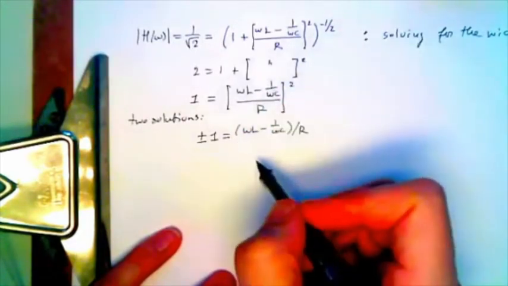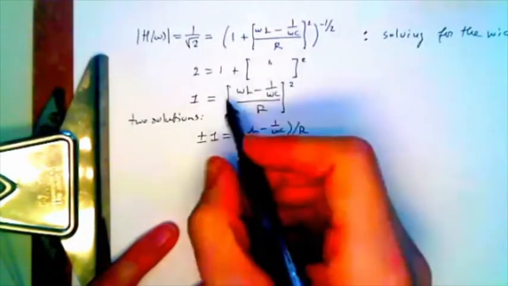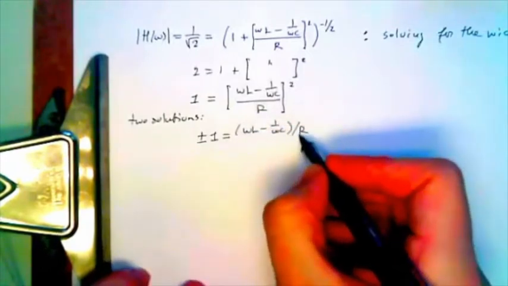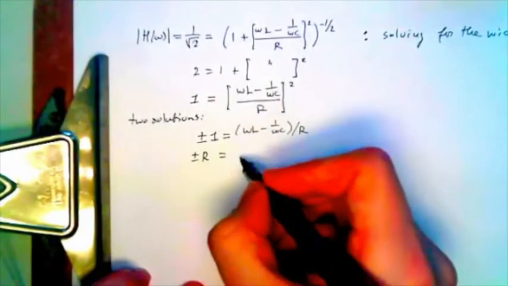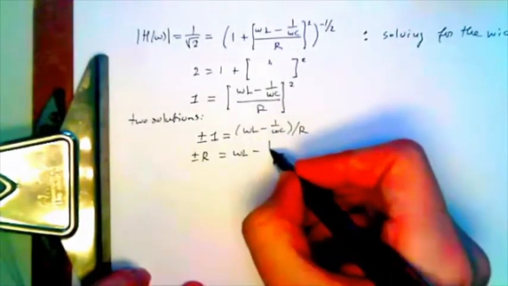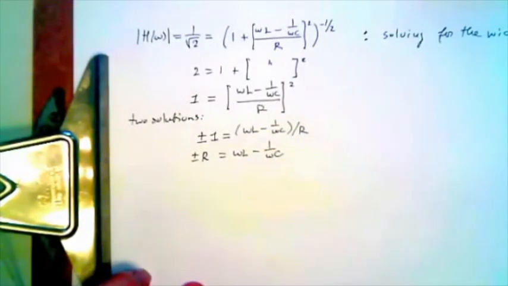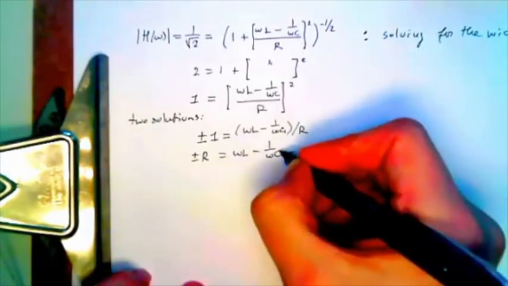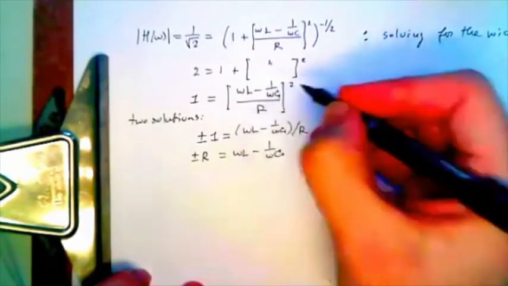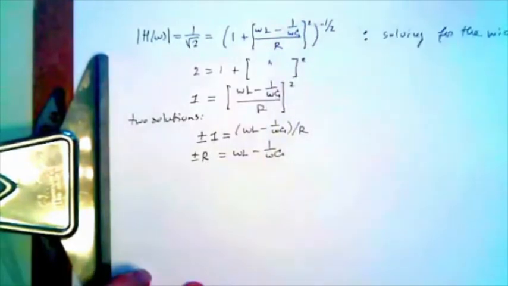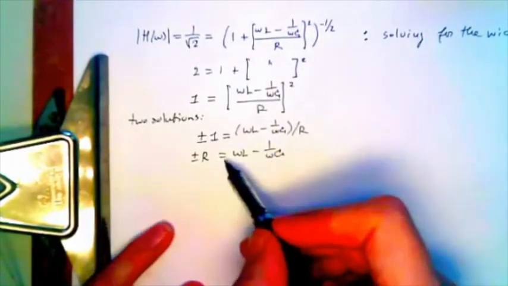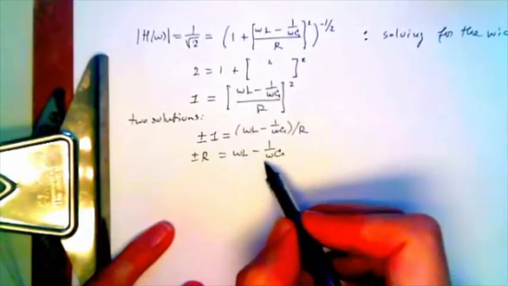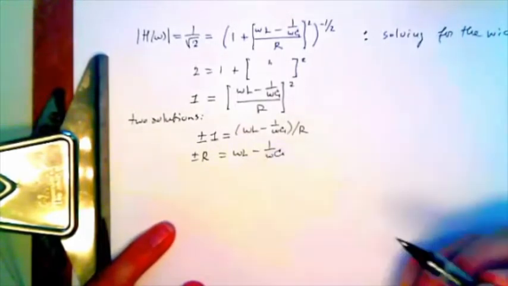And now we need to solve this equation. Here we go. So we multiply by R. So we get plus or minus R is omega L minus 1 over omega C. So that's a C. It gets a little messy otherwise. Okay, and now we can't solve this really easily unless we work out a way to get rid of the 1 over omega.